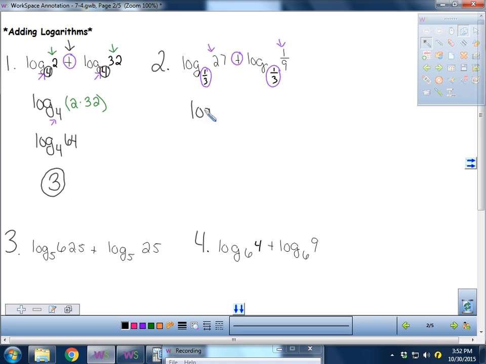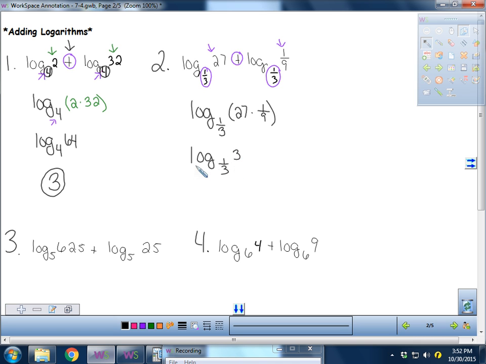Remember, if they're both log base 1/3, then this is also a log base 1/3. Then I'm going to multiply 27 times 1/9, which gives me 3. So this is log base 1/3 of 3.